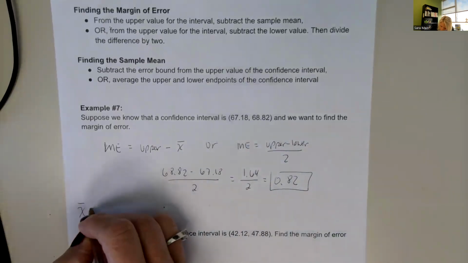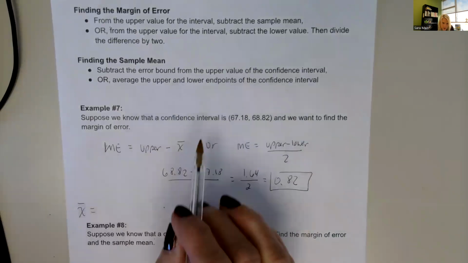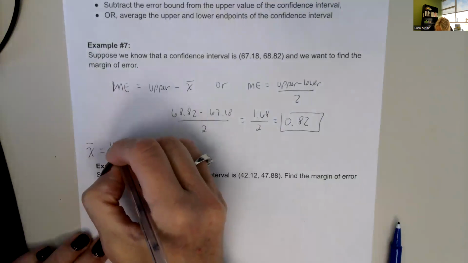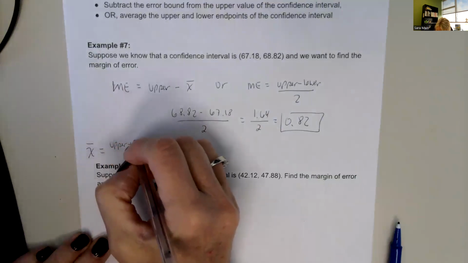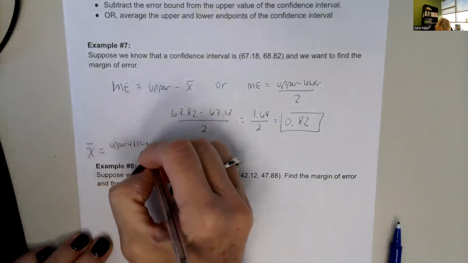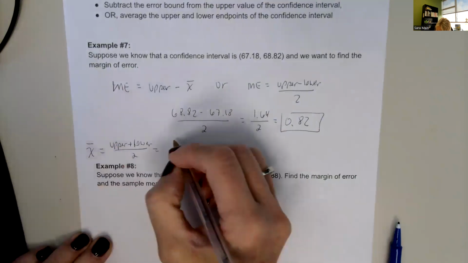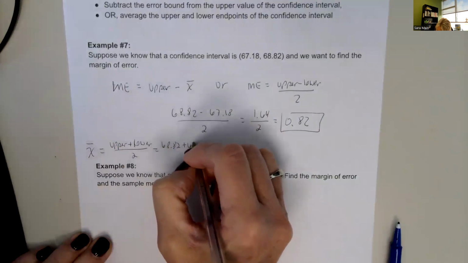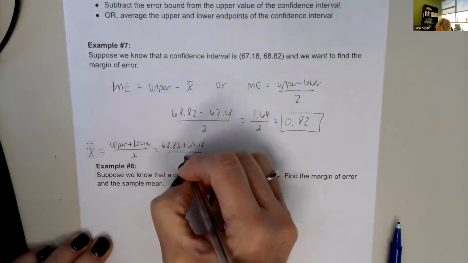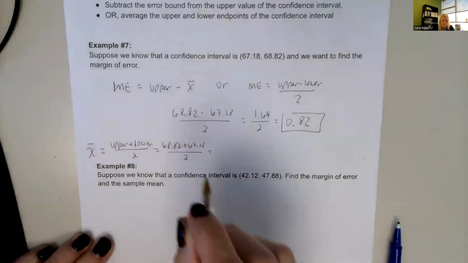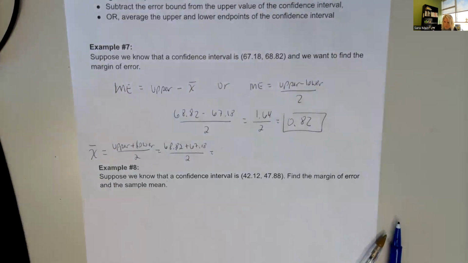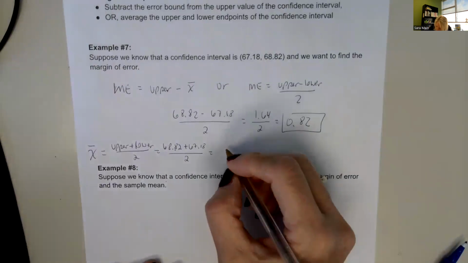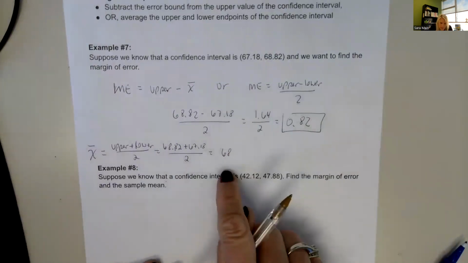Our sample mean is found by adding the upper and lower and dividing by 2. So in that case, we would take 68.82 and add 67.18 and divide by 2. And so our sample mean is 68 in this case.